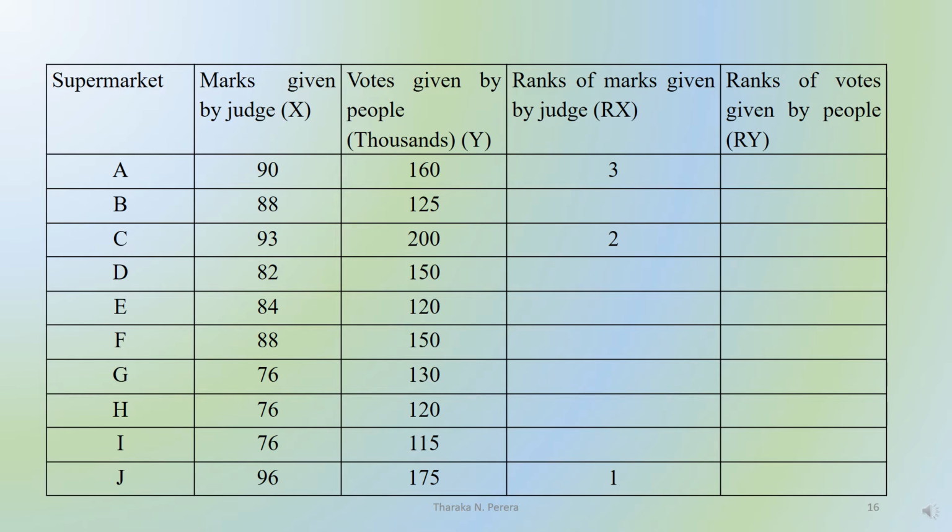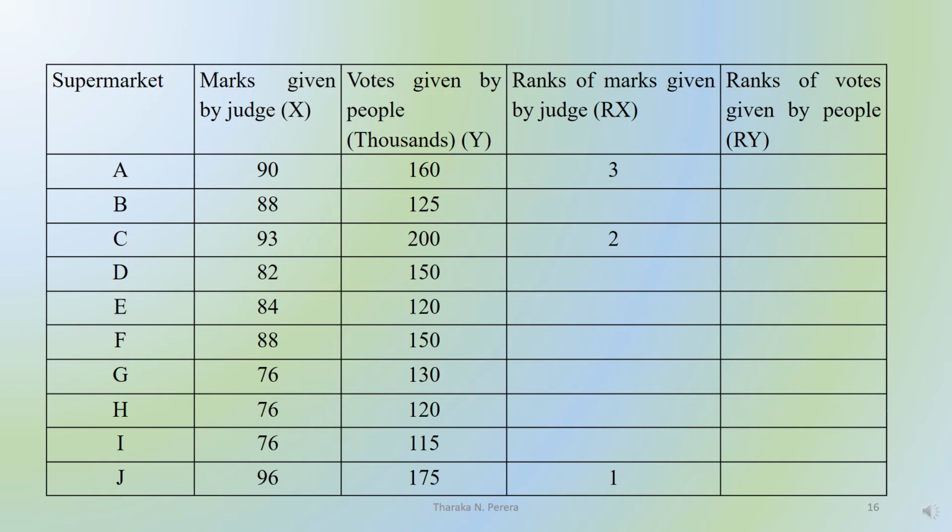First, I put the ranks for variable x, which is marks of judge. As you can see, I put the first 3 ranks for the first 3 highest elements. Then the fourth highest value, 88, appears for 2 supermarkets. Normally it should be ranked 4 and 5.